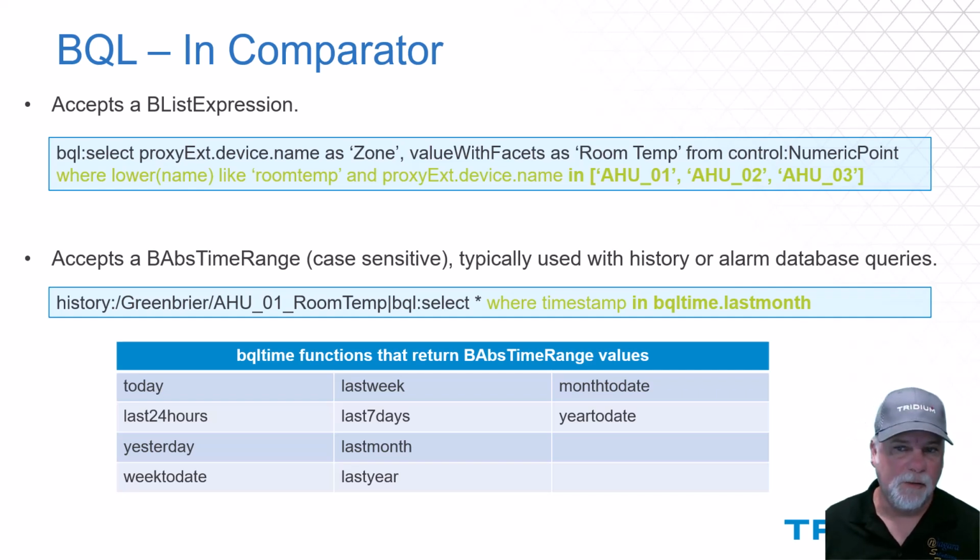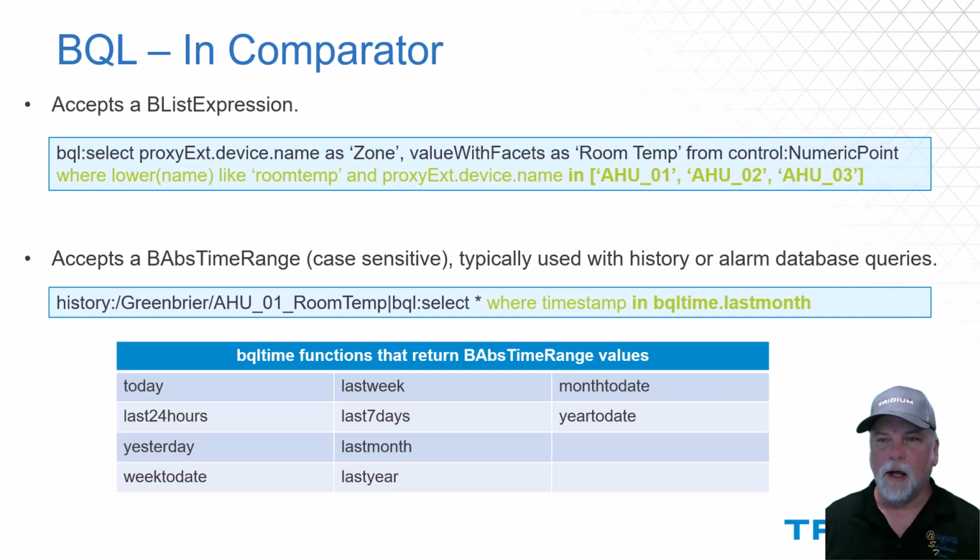And assuming it's a driver proxy point that extends B proxy, then there's a method called getDevice, and that getDevice method will walk up the tree, the ancestors, to the parent device, and it will do that regardless of how many point containers the point might be located in under the point device extension. So it's a more fault tolerant way than doing parent.parent.name, because it might be variable levels depending on how you organize points.